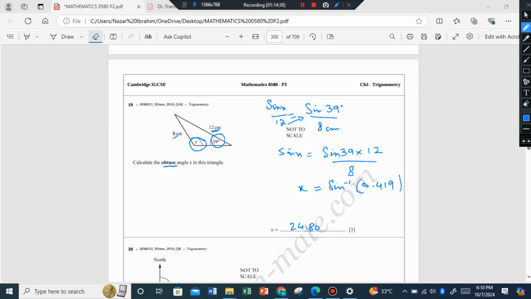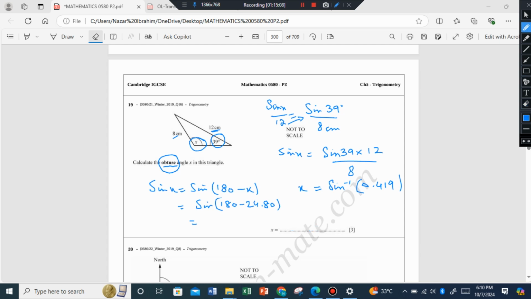If we remember, we have done in some previous questions that if I want to calculate the obtuse angle, what I will use is sine x is equal to sine of 180 minus x. So what I'll do is 180 minus 24.80. Now I'll see what I am getting over here.